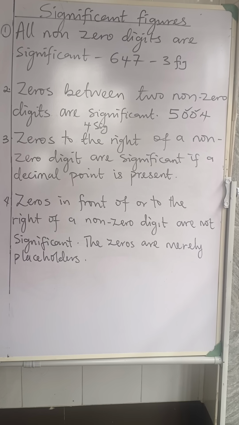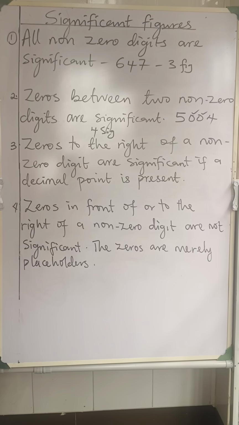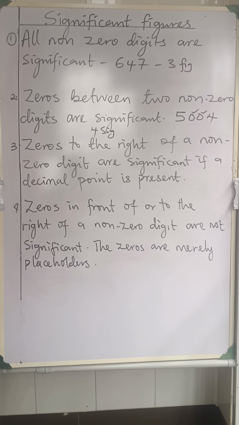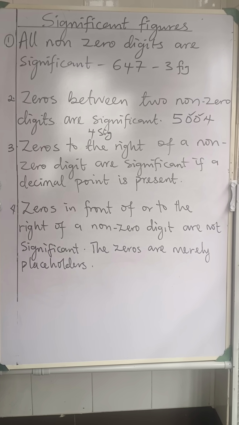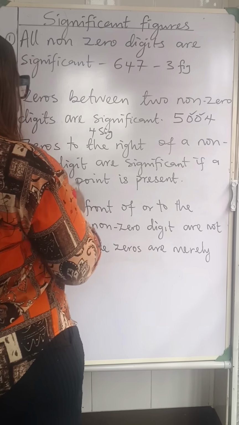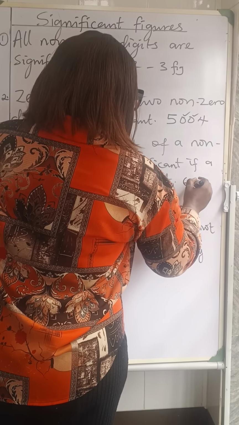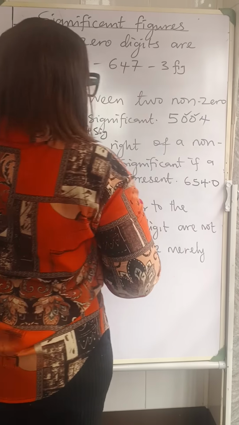Now let's look at number 3. We have zeros to the right of a non-zero digit are significant if a decimal point is present. Let's assume we have 654.0.